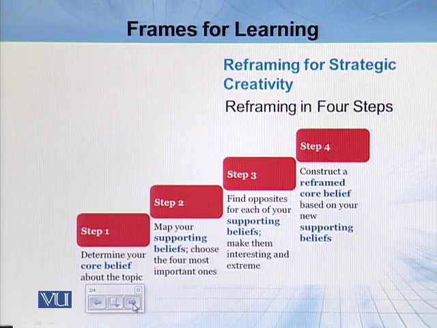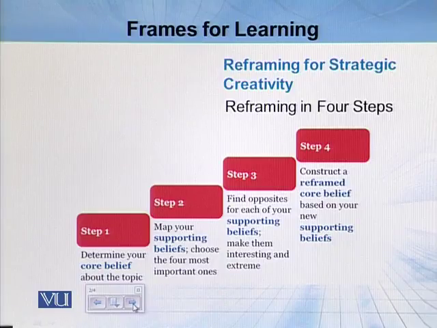What you want to do is, quite simply, look at the other side of the coin, find opposites to your beliefs, to your supporting beliefs. This process will help you question your core beliefs in order to validate them or to begin to reframe them. So step 3 is the beginning of reframing the belief system.